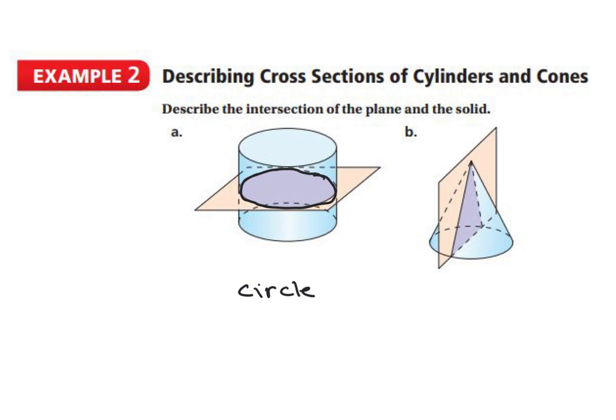So you can see this one is going to give you a cross section that is a triangle. In this case, the base of the triangle is basically going to be the dimension of your circle's diameter, and the height of the triangle is going to be the same as the height of the cone.